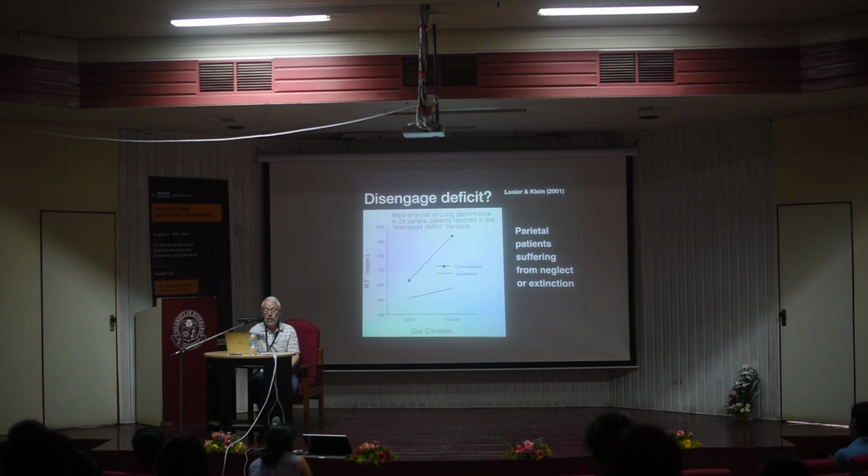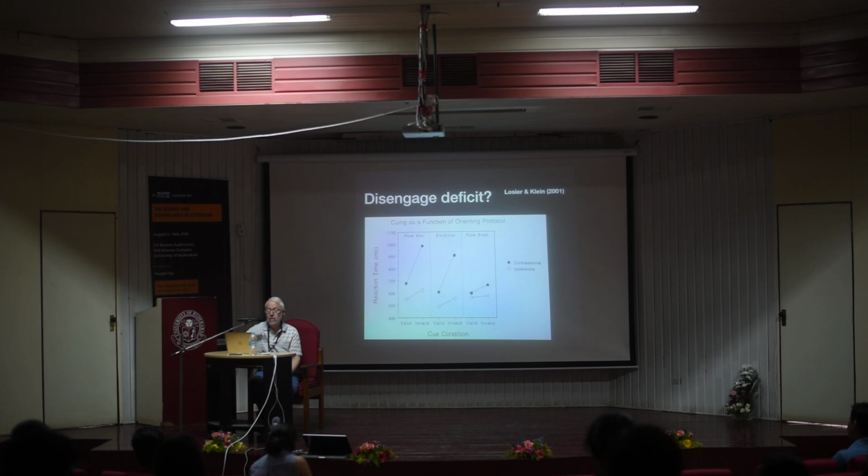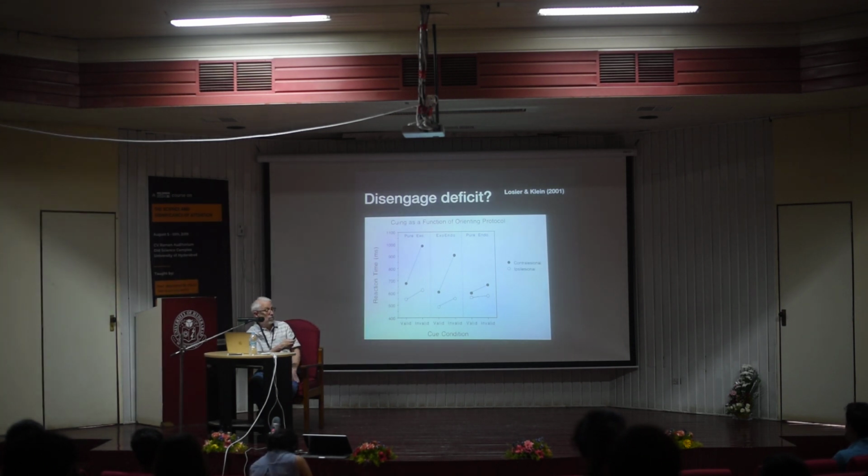And in a review paper that I published with my graduate student, Bruno Lozier, we showed that the disengaged deficit is present as long as the cue is peripheral. And what we've shown here is the pure case where the cue is peripheral and has no meaning.